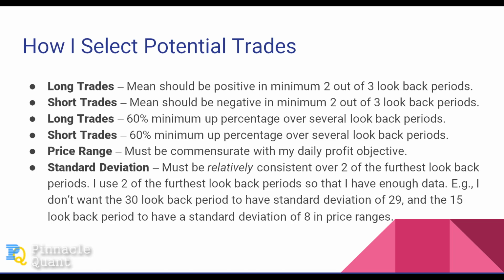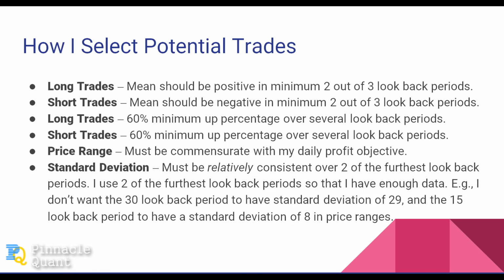So if I'm considering potential long trades, I want up percentages on past trades to be over 60% for the look-back periods, but I also want the mean, the sum average of the total price range during those look-back periods to be positive, meaning the bulls had some edge over the bears, even if that edge is ever so slight. Next, I want the price range itself to be decent, and I want the standard deviation of the price ranges for the various look-back periods to be relatively consistent.